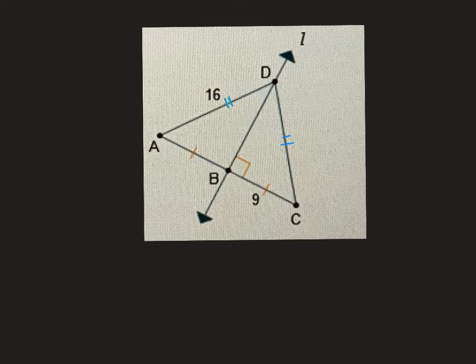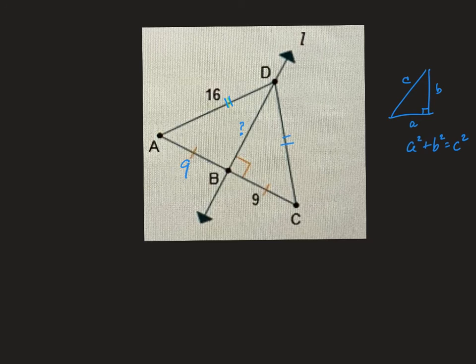I also can see here that AB and BC are going to be the same, so AB is 9, and then I could find out what this missing length is from DB using the Pythagorean theorem. That would have been A squared plus B squared equals C squared.